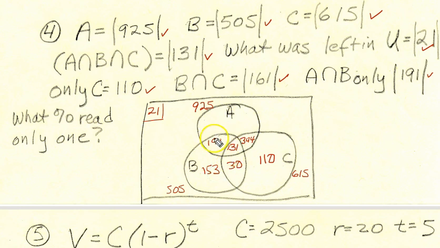If we add these three up, subtracted from 925, we get 259.